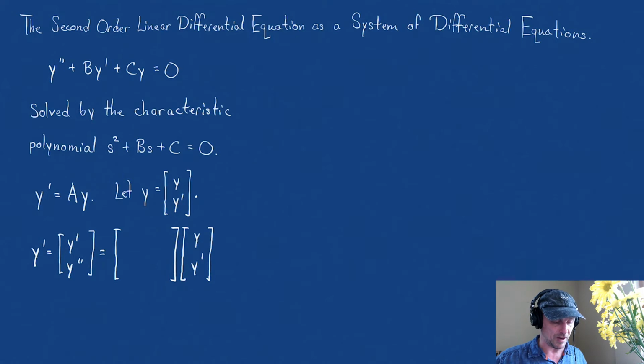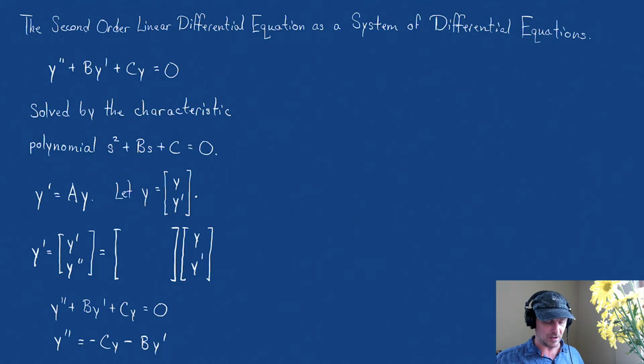The second row says that y double prime equals something. Well, let's go back to our original equation, y double prime plus b y prime plus c y equals 0. And let's solve that for y double prime. So this is going to become equal to minus c y minus b y prime.